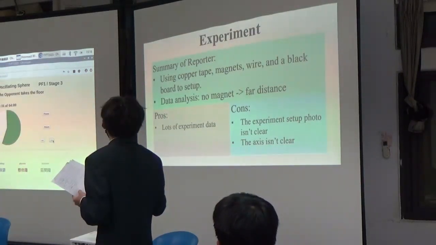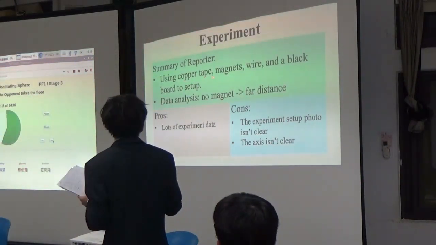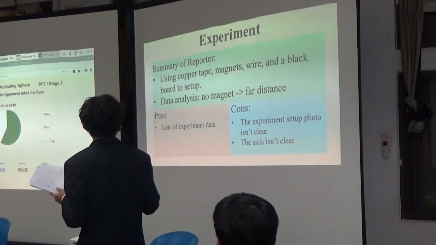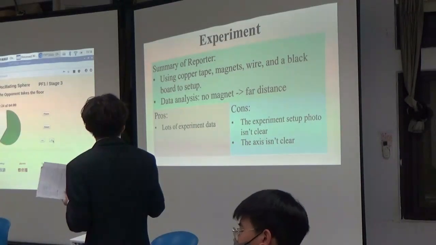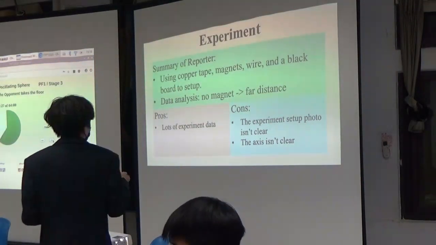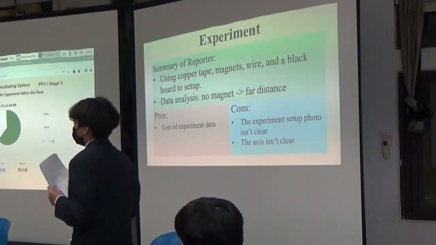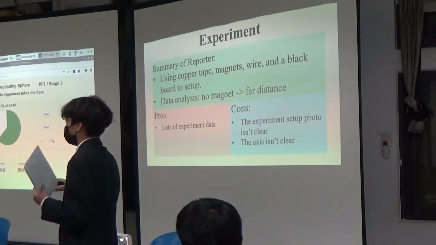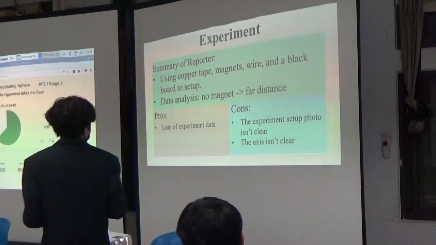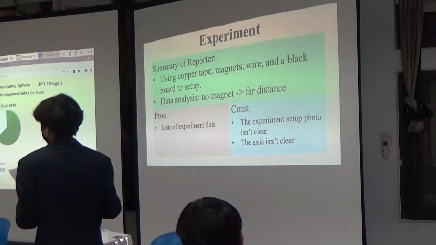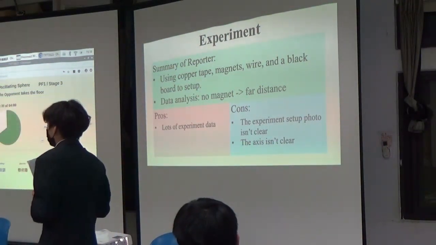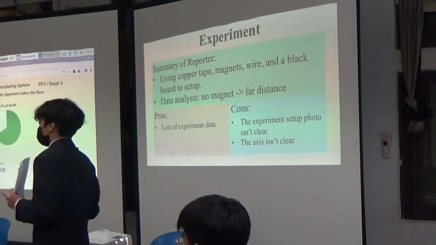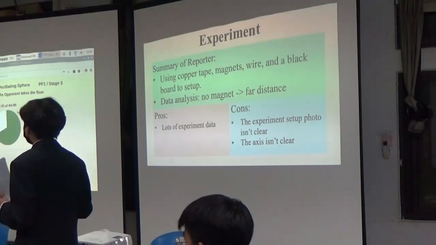And the reporter uses a compact magnet, wire and a blackboard to set up. I think the photo is not clear enough, and the axis isn't clear, and I think the theory is not enough.